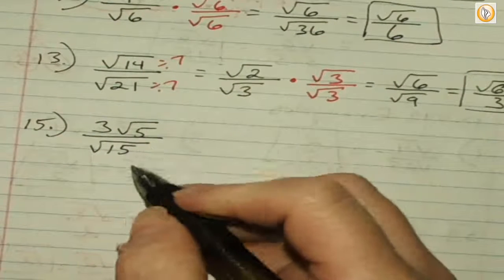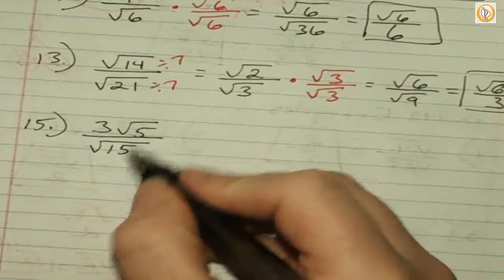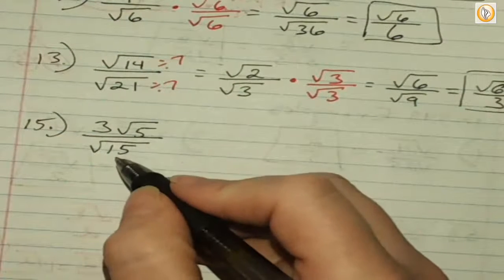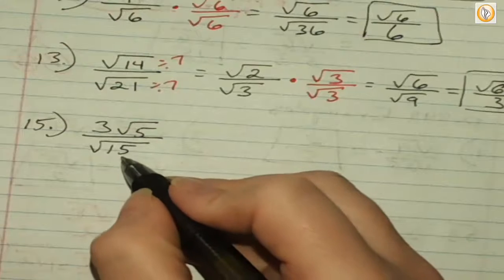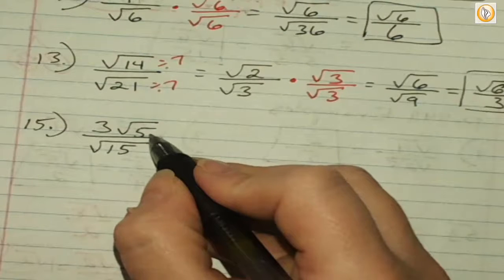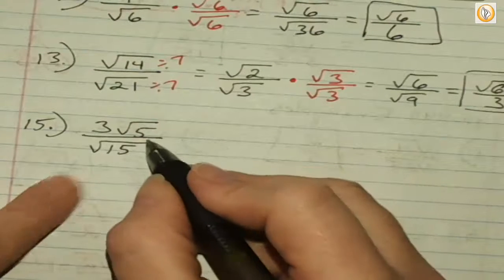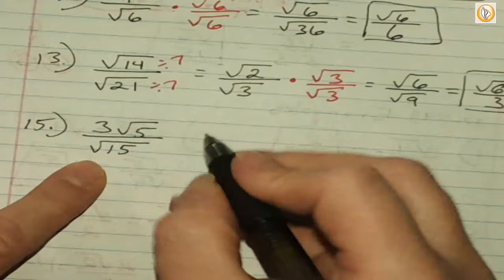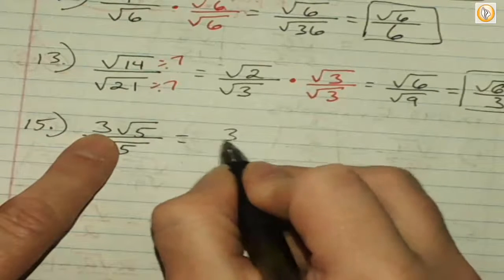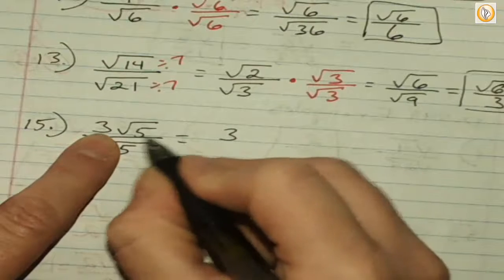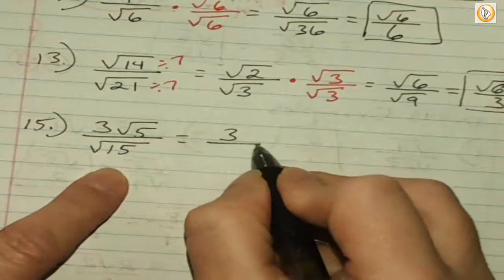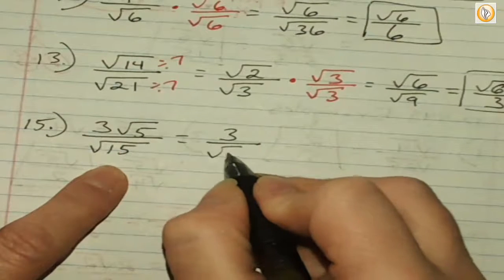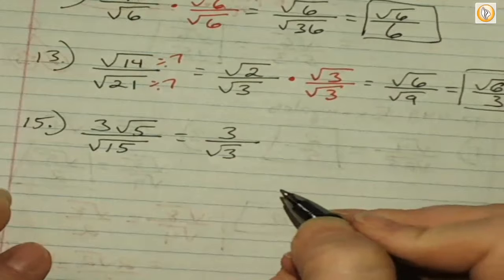Now, Emily, can these two be divided or simplified? Like, 15 can be divided by 5, right? Okay, so 15 divided by 5 is what? Okay, so what I have is this 3 is left over, this is gone, and I have square root of 3.